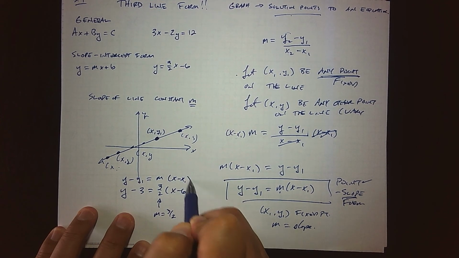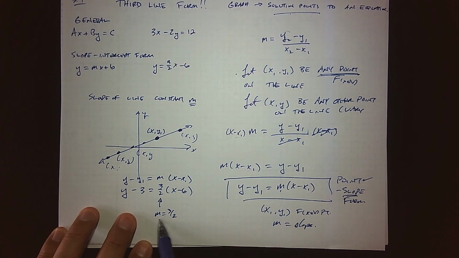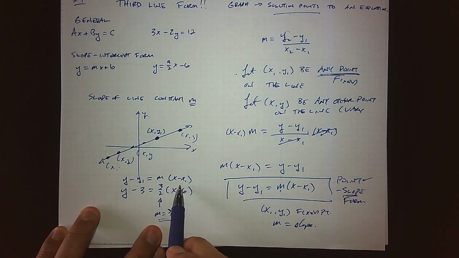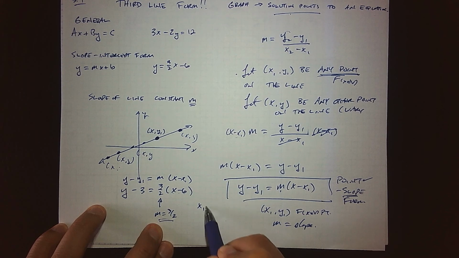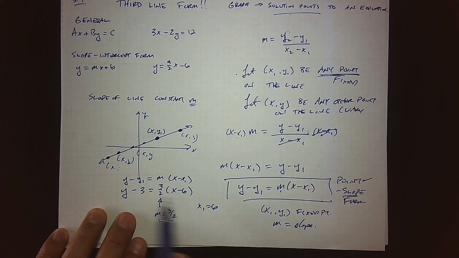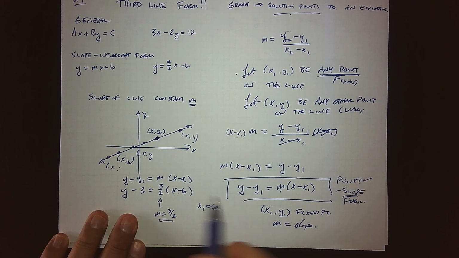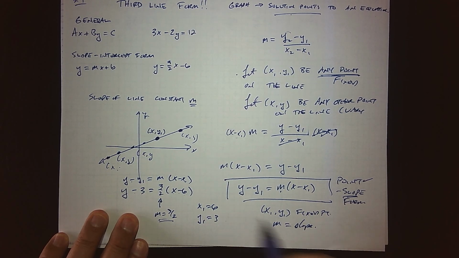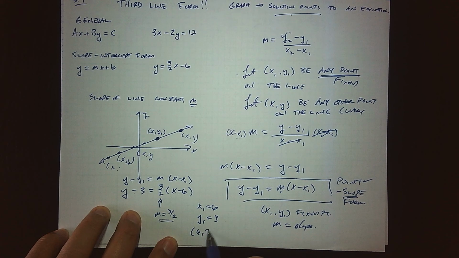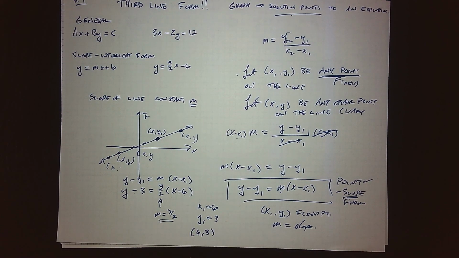There's my m, so my direction of movement is there. And then x1 is whatever is being subtracted from x. So what number is being subtracted? Listen real carefully. x minus 6. So what we're subtracting is 6, so x1 is 6. And then again, careful about subtraction. What are we subtracting? y minus 3. So y1 would be 3. So the fixed point that we have is (6, 3).